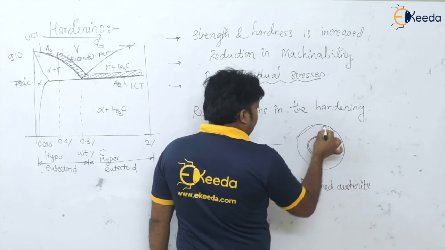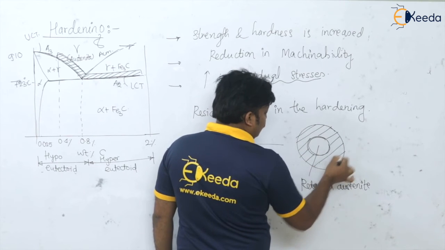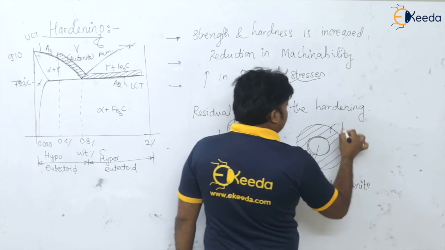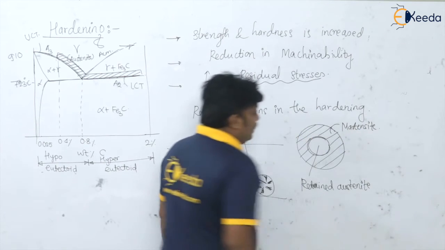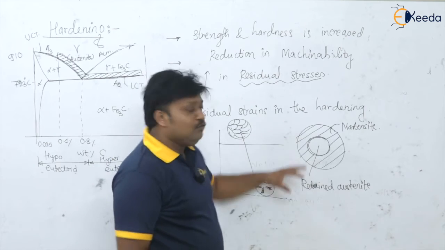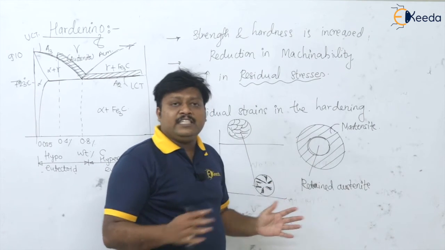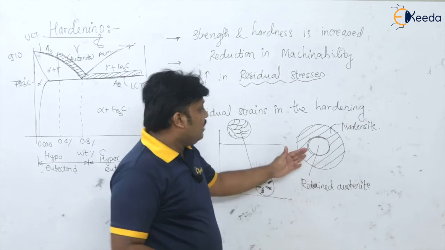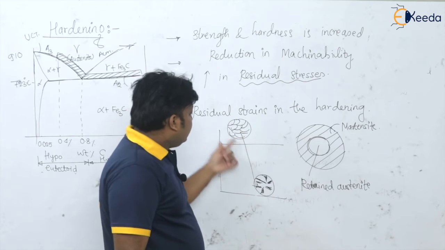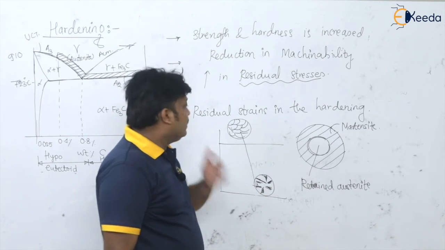and this is the hardened depth, which I am showing with this hatched line. This is the martensite. So what does it mean actually? When you quench in this salt bath, it is a very rapid process, so very fast you have taken this austenite from its austenitic temperature to room temperature.